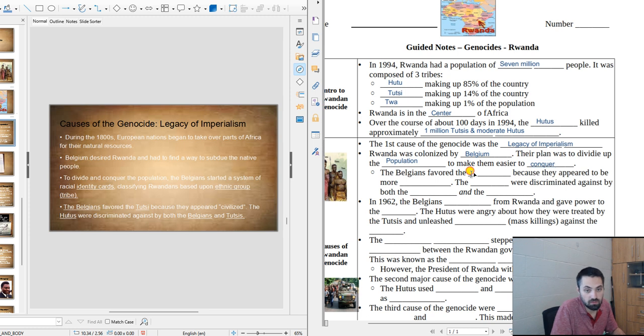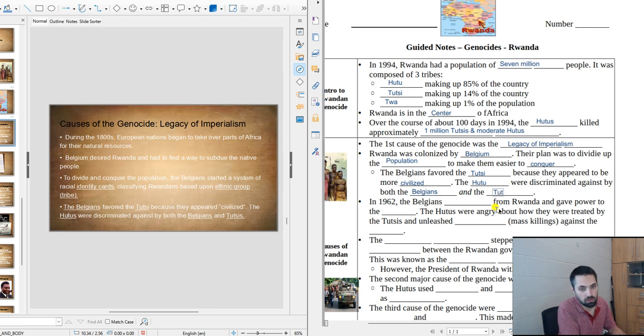The Belgians favored the Tutsi. Remember, Tutsi make up about 14% of the population, because they appeared to be more civilized, according to the Belgians. The Hutu were discriminated against by both the Belgians and the Tutsis.